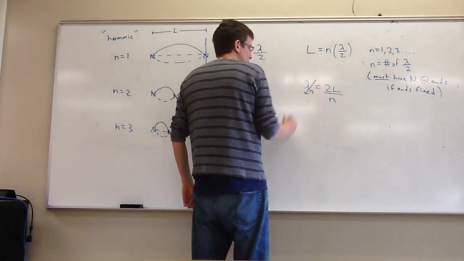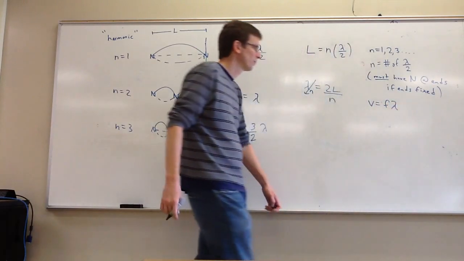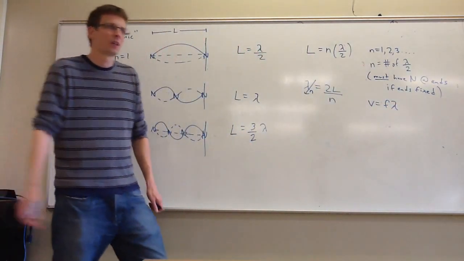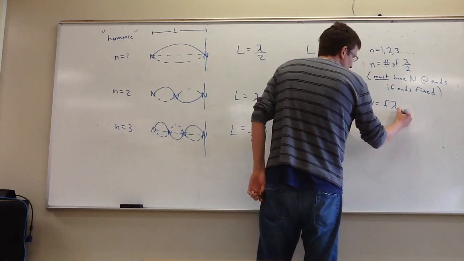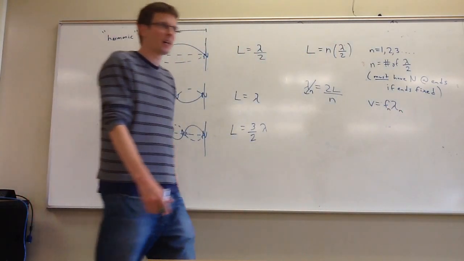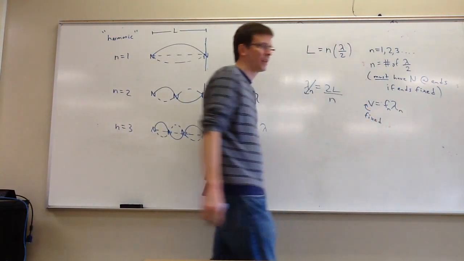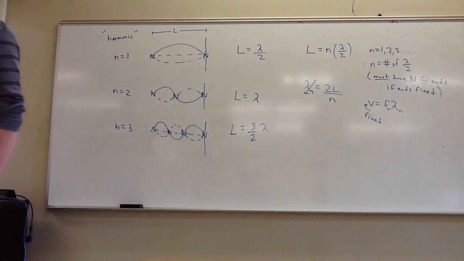And then I'm going to go ahead and put in, so I know v equals f lambda, right? So there has to be some kind of coordination between the frequency and wavelength, because of course the wave speed is fixed by the medium. So that is non-negotiable. And again, what do I mean by v?